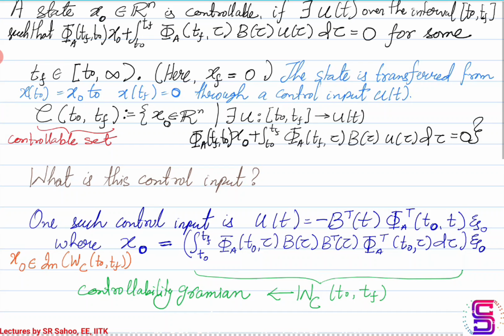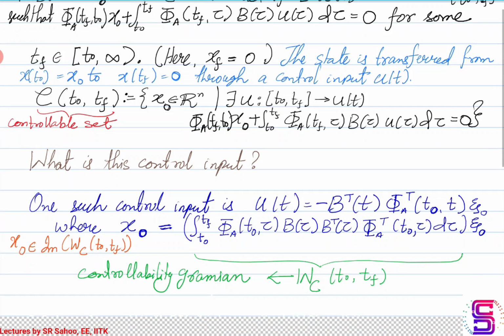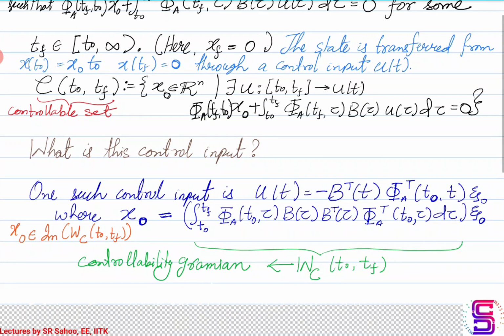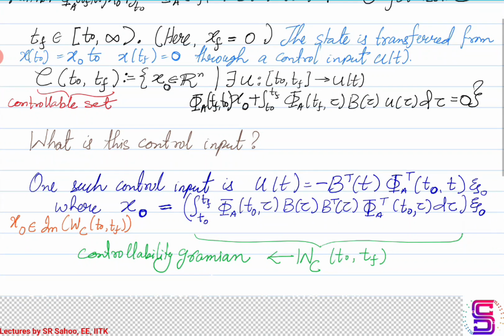Now what is this control input? This is one such control input: minus b transpose phi transpose xi0, where xi0 is some vector in Rn. If you notice, there is a similar looking structure between the control input for reachability, or the reachable set, and the control input for the controllable set.